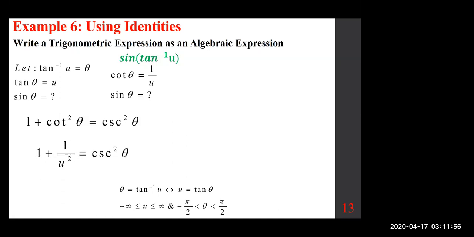So 1 plus cotangent squared: cotangent is 1 over u, squared is 1 over u squared. It's cosecant squared. You take a common denominator, you get u squared plus 1 over u squared. This is cosecant squared, class.